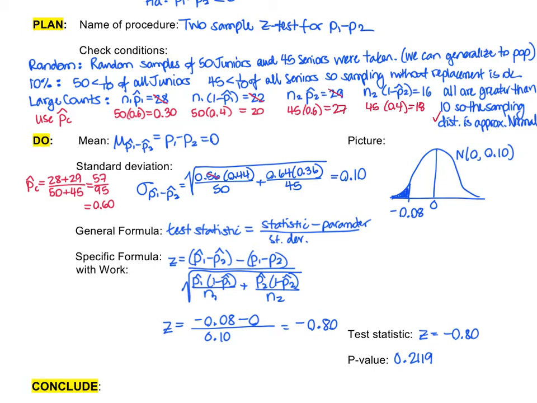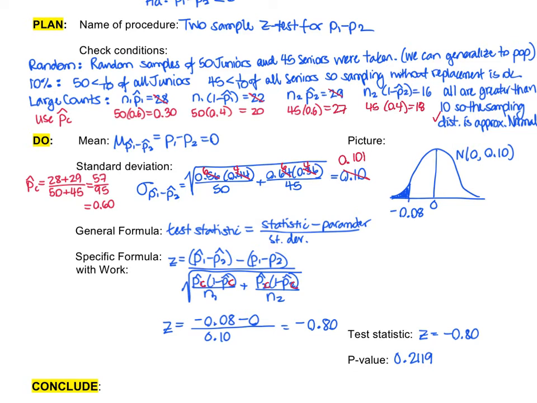So instead of 0.56, we're going to have 0.6. We'll have 0.4 there, 0.6, and 0.4 there. So we'll recalculate all of that, and we will end up with a standard deviation of 0.101. When we plug into our specific formula, it's going to be with the C's instead of the 1's and the 2's.